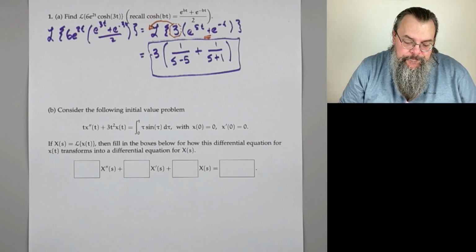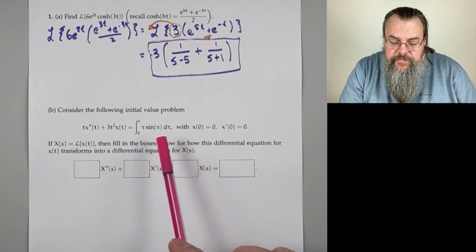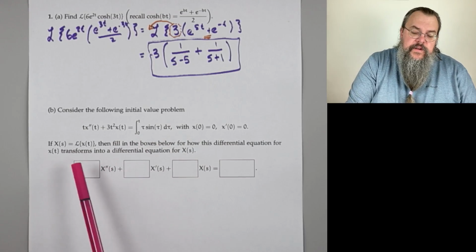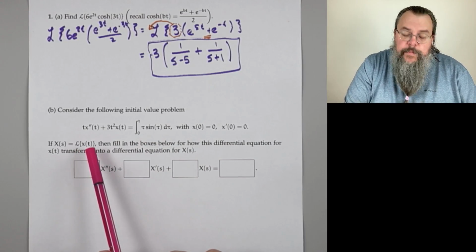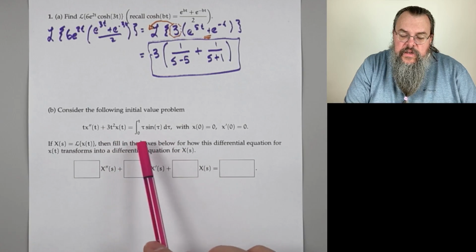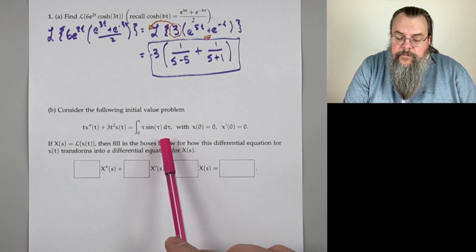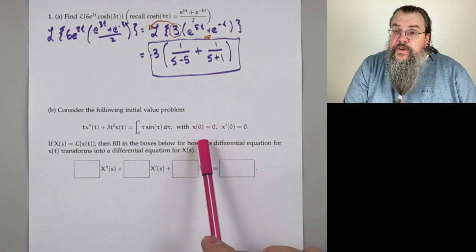Part B. Consider the following initial value problem. So we have t x double prime of t plus 3t squared x of t is equal to the integral 0 to t of tau sine tau d tau with some initial conditions.